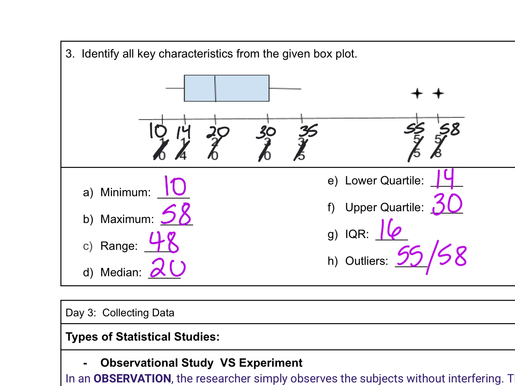One thing too that I failed to mention with this, okay? This is a really weird way to display data, but one cool thing about it is that 75% of all of your data should fall within the box region, okay? So for instance, on the last example that we did, we had 30 students' GPAs, right?